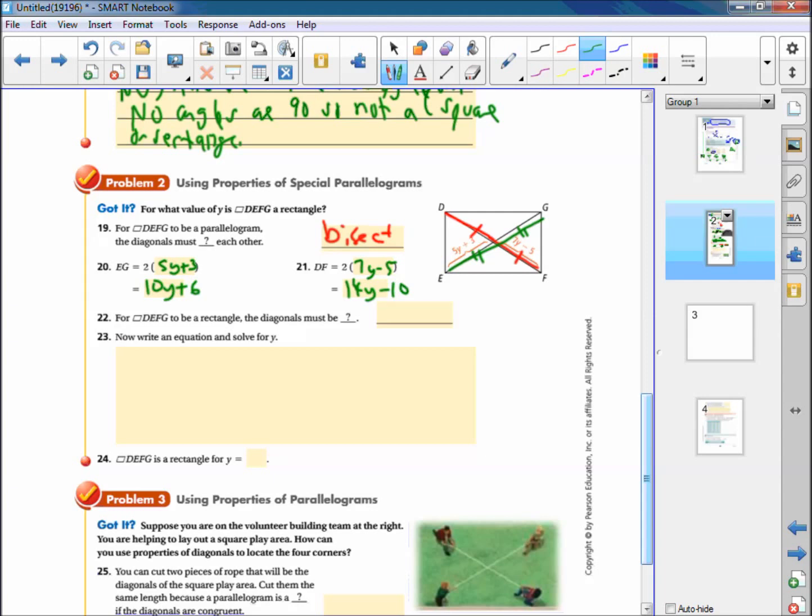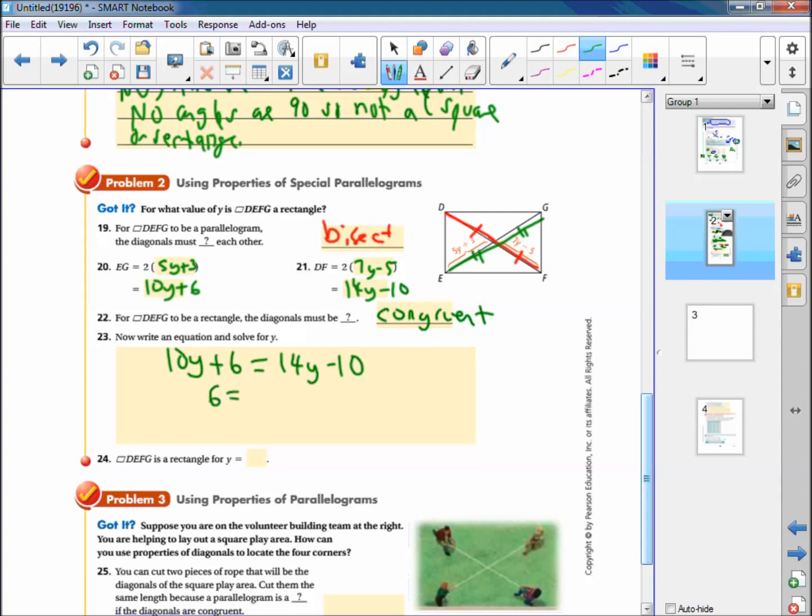So for quadrilateral DEFG to be a rectangle, the diagonals of the rectangle must be congruent. Now write an equation and solve for y. So since the diagonals must be the same, and one diagonal is 10y plus 6 and the other diagonal is 14y minus 10, we can solve for y here.